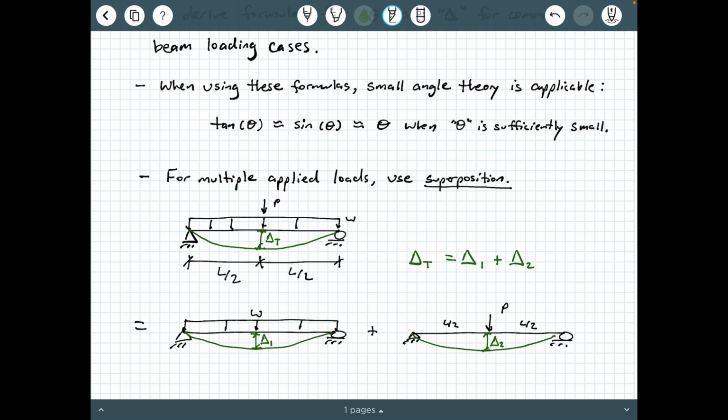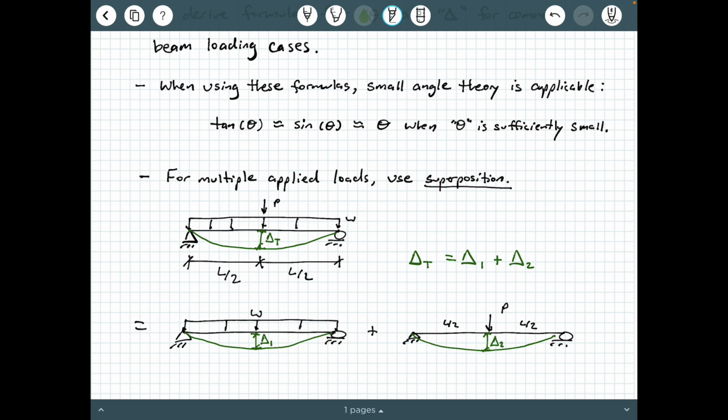You can calculate a deformation due to just the uniform load in this case, and then you can add that deformation, we're calling it delta 1, to the deformation due to P alone, and you'll get the total deformation, which is what will occur when both of these loads are acting together, okay? So that brings us to a convenience factor. When you have multiple load types acting at once, you can break it down and add up their effects, all right?